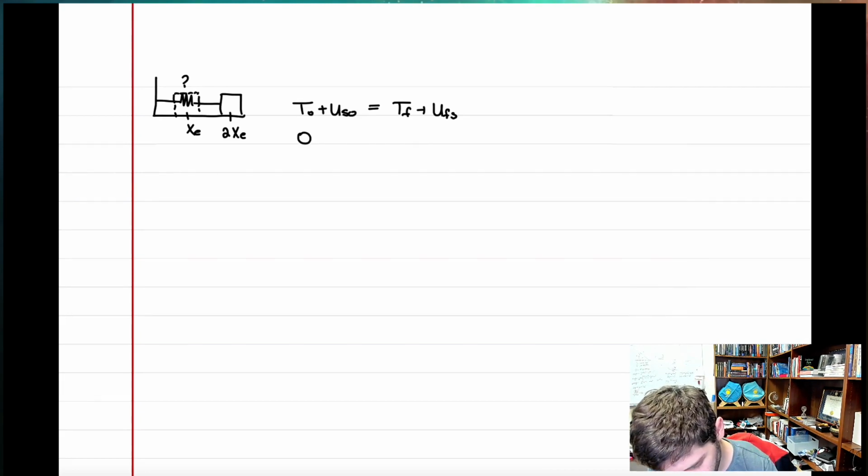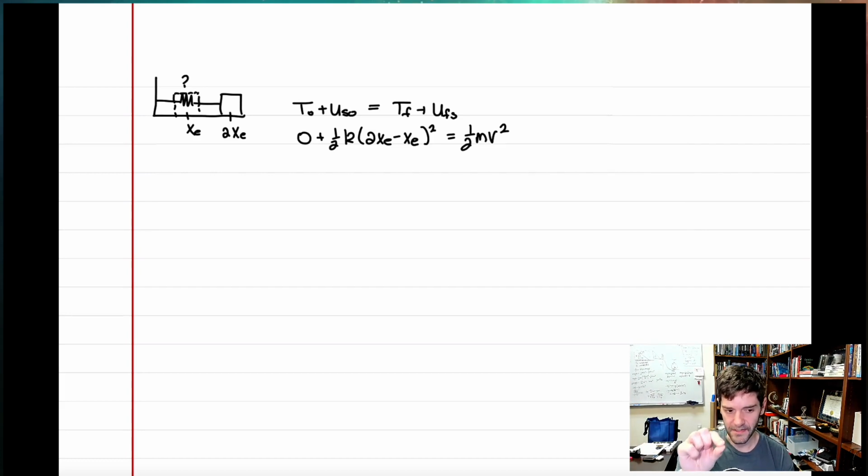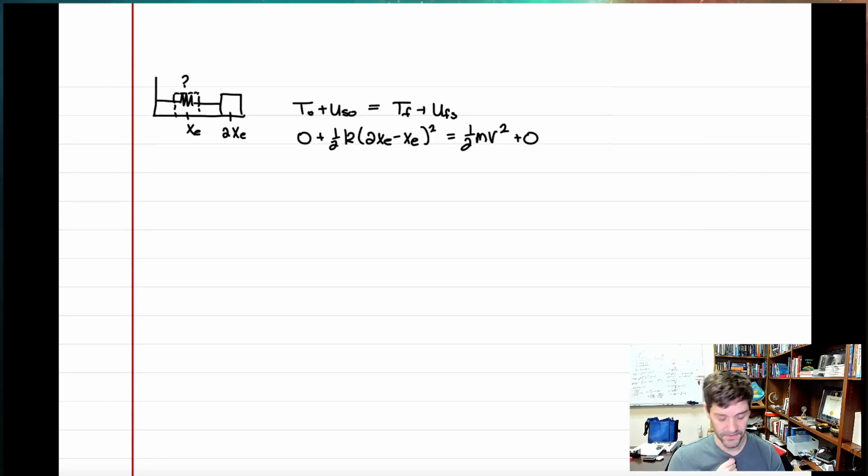It starts from rest, but it is extended out to x sub e. Then it ends with some final kinetic energy. And at the final spot, it's located at x equals e, where there is no potential energy as a result.